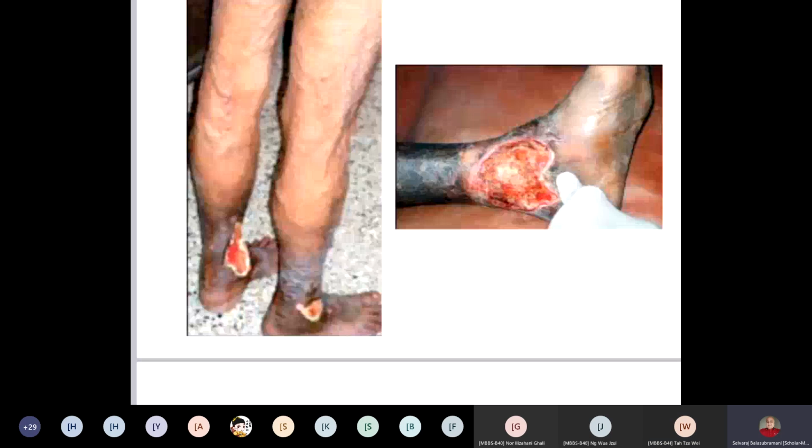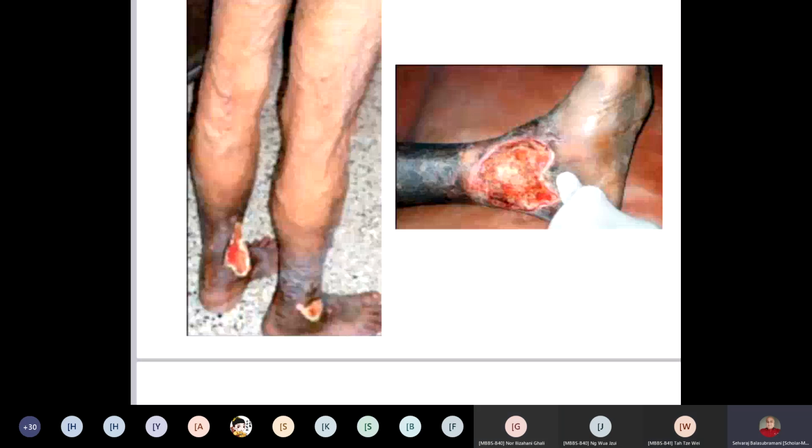What is the basic pathology in this varicose vein? Which blood will get pooled around the ankle? Arterial blood or venous blood? Venous blood.